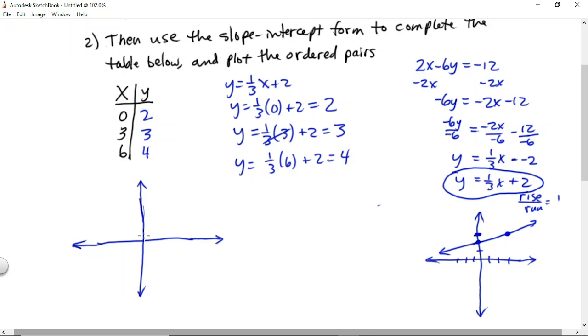Okay, so we have 0, 2 is about right there. 3, 3, 3. Right there. And then 6, 4.